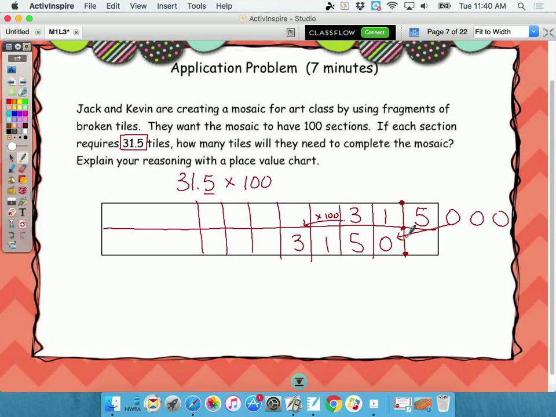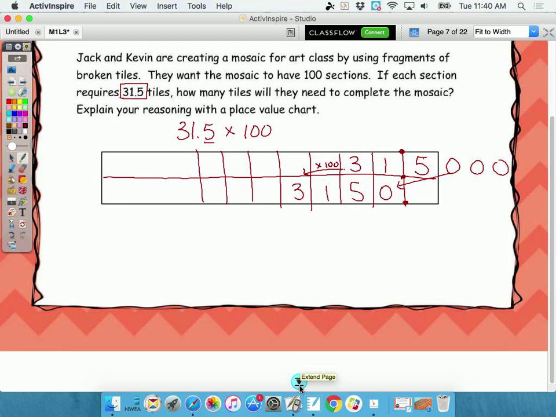Now how would I answer in a complete sentence? Jack and Kevin or they? They, that's shorter. They will need what?